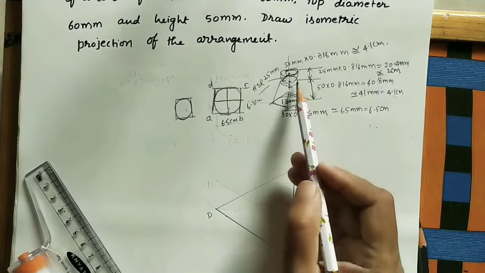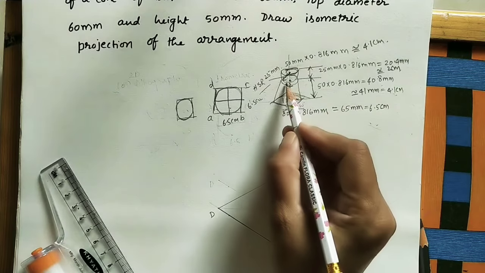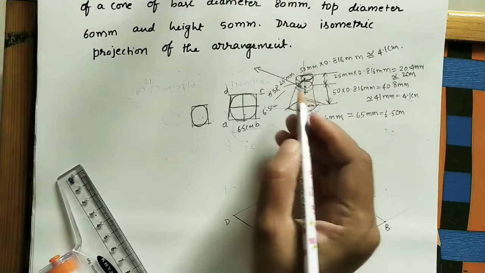Okay, like this. What is the diameter of the top of the frustum? The top diameter is 60 mm. We need to find out this value also, instead of 60. Let us do the calculation. 60 mm, we need to multiply by 0.816 for all values. So 60 into 0.816.